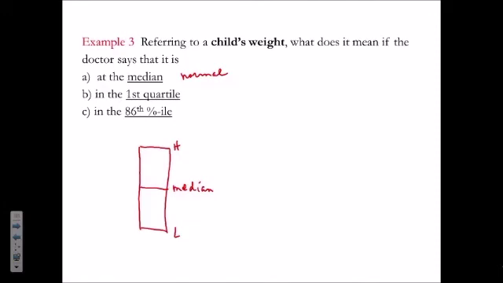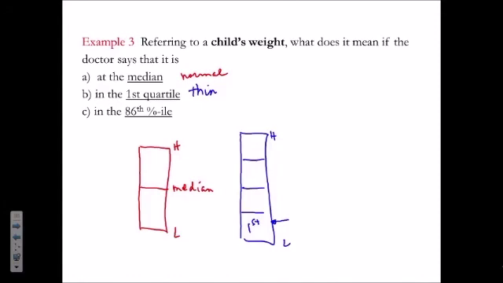On the other hand, if the doctor says your child's weight is in the 1st quartile, if you took the weight of all the children, ranked them from high down to low, cut that into 4 pieces, the 1st quartile would be near the bottom down here, so your child's weight would be relatively low. So maybe your child is thin, perhaps too thin. But anyway, your child would have a low weight relative to other children his age.